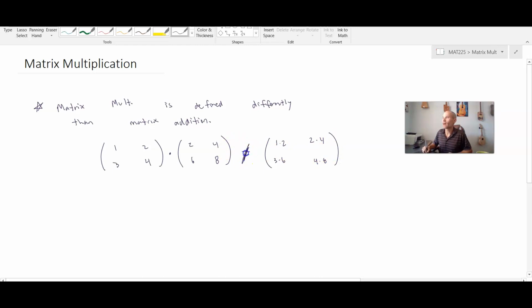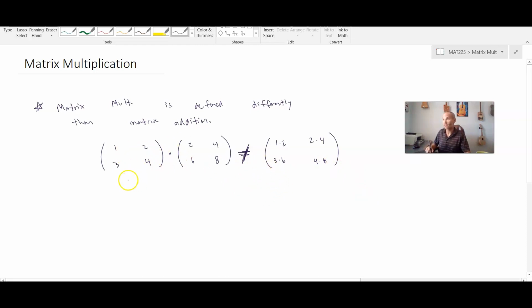So notice this big not equal to. This is not how we multiply matrices. It does not work the same way as addition. There are instances where we want to do what is called pairwise or element-wise multiplication, and there are software applications out there, such as Python, that will do this, but this is not how we multiply matrices.